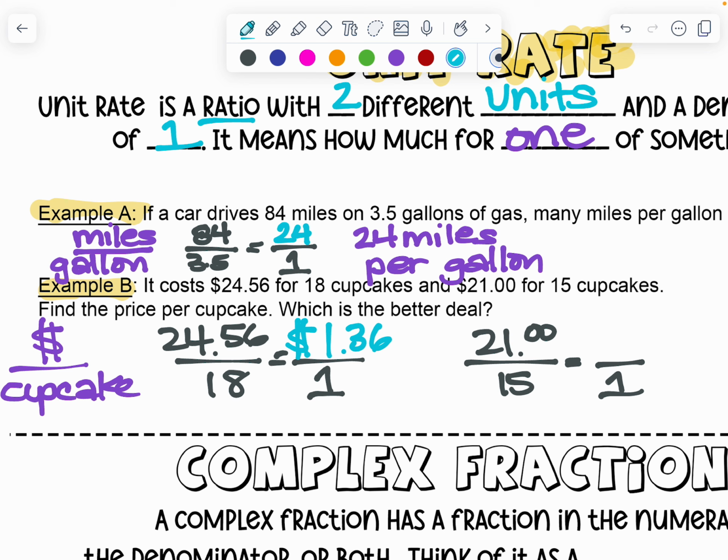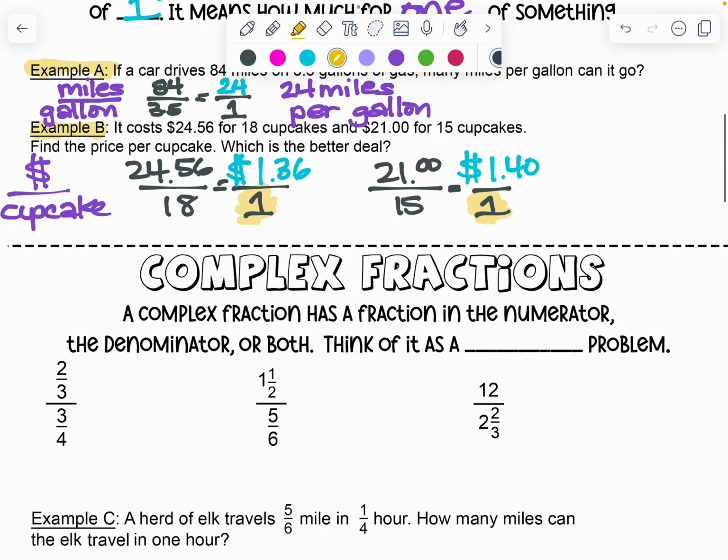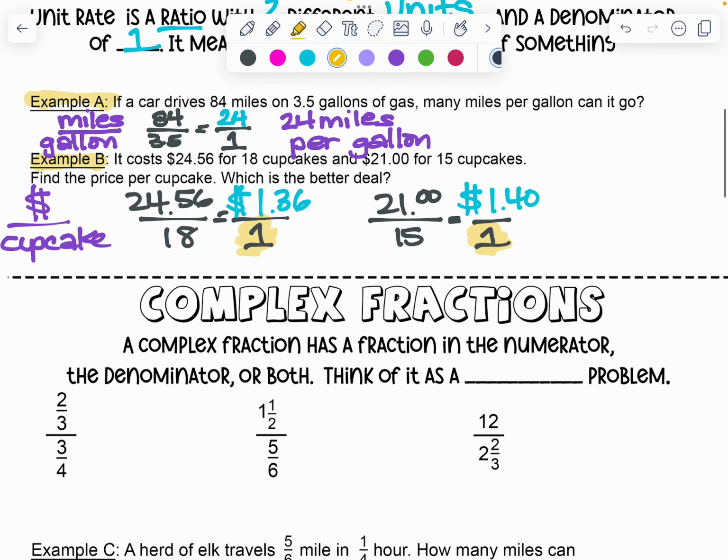The next one, divide 21 by 15 in your calculator. You get $1.40 per cupcake. Ta-da! That's how to get it down to 1 single unit. Great job.